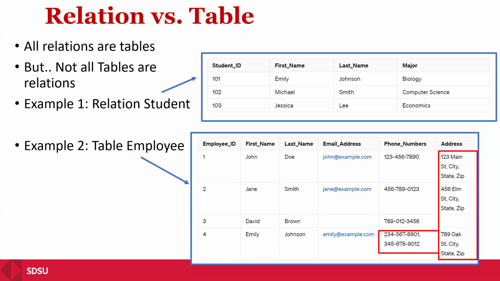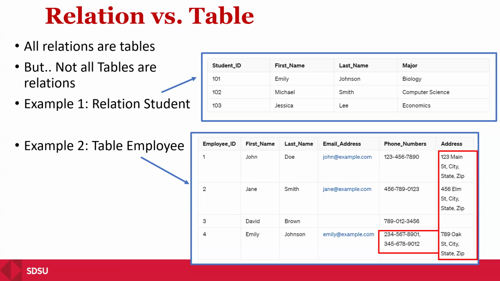Well, you can see I highlighted the address field. The address attribute has a lot of information here. What kind of attribute is address? It's a composite attribute, right? So it has information about address, city, state, and zip code.